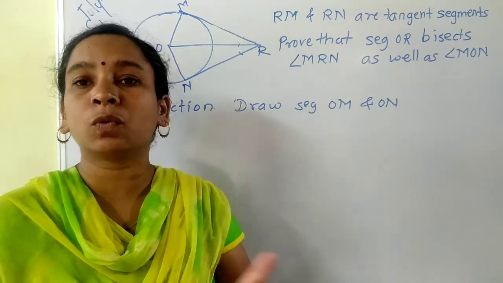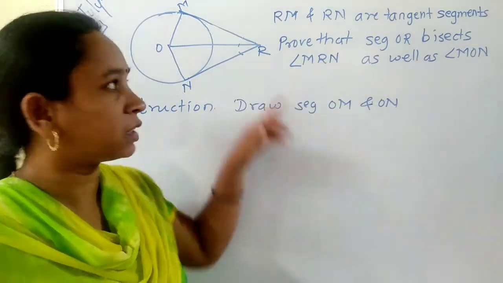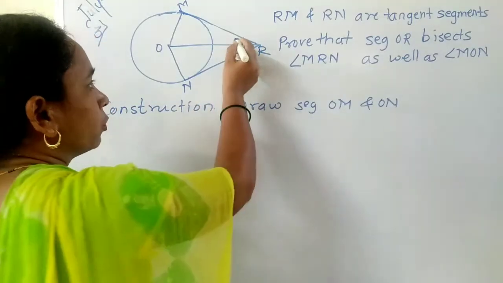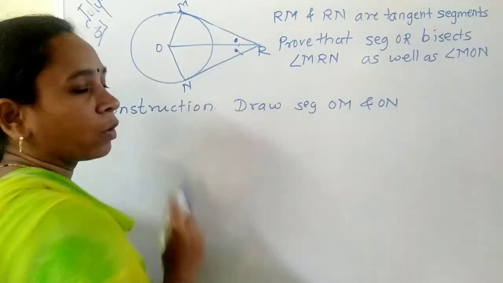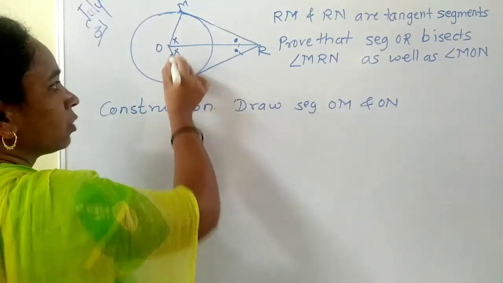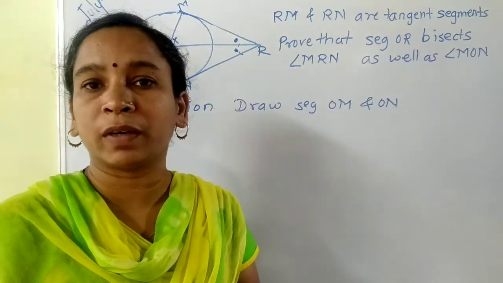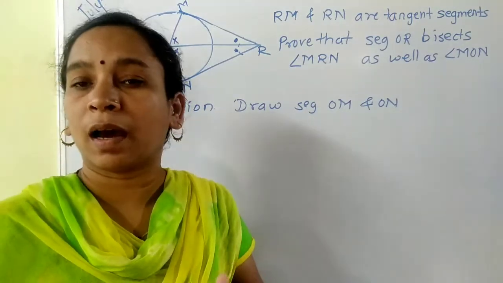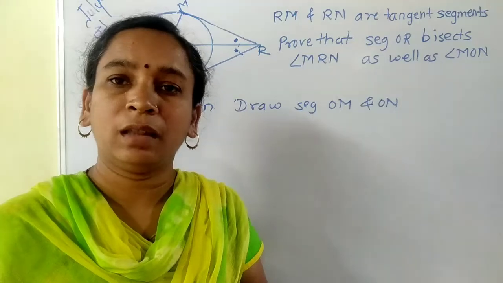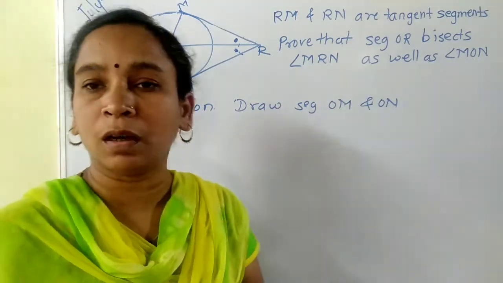Bisect means it makes two equal parts. If I want to prove OR is a bisector of this, I have to prove these two angles are congruent. Similarly, I have to prove these two angles are congruent with each other. If I am successful to prove that those two angles are congruent with each other, then of course OR would be the angle bisector of those particular angles.